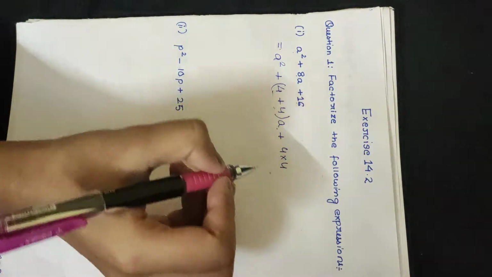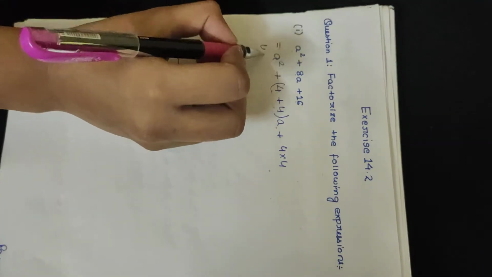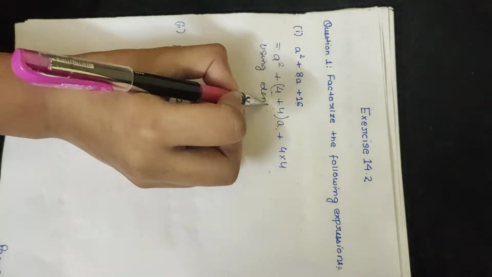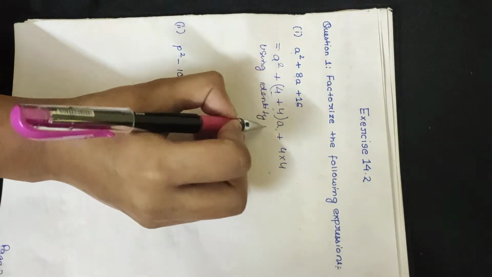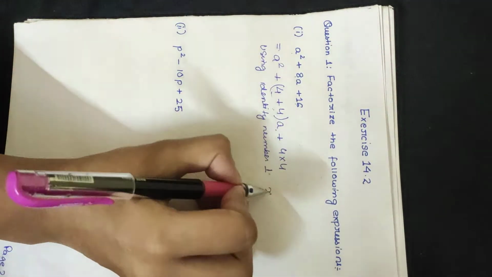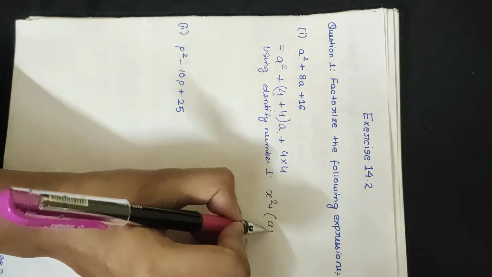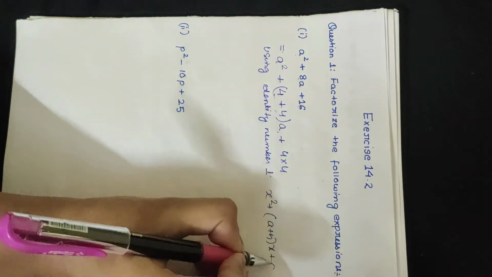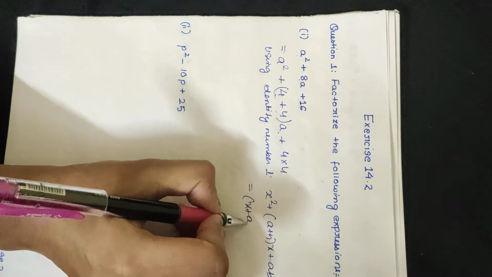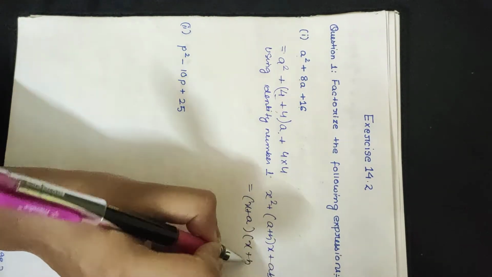Now we are using identity number 1, which is x square plus a plus b x plus ab is equal to x plus a into x plus b.